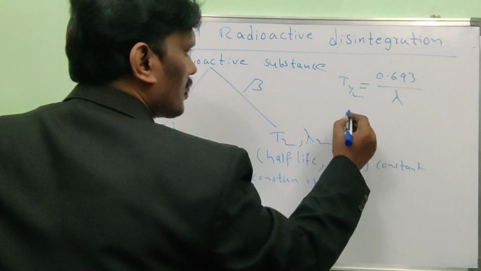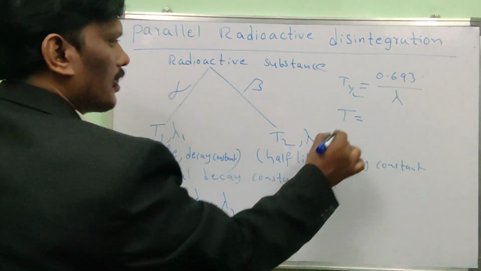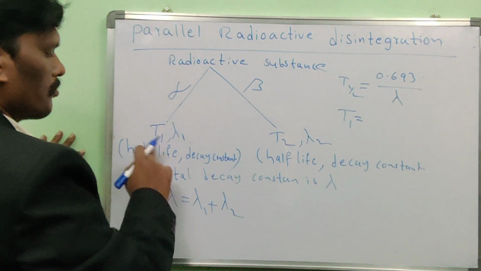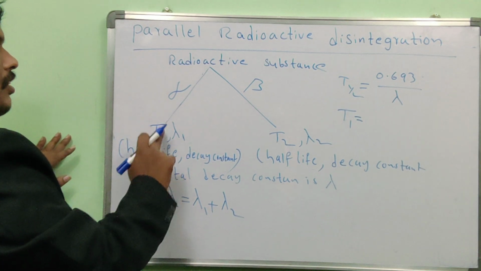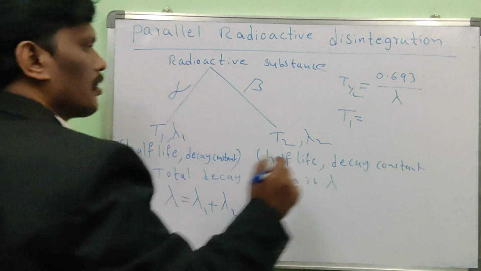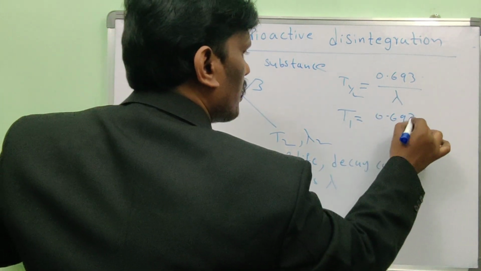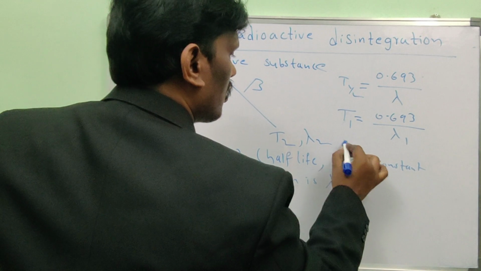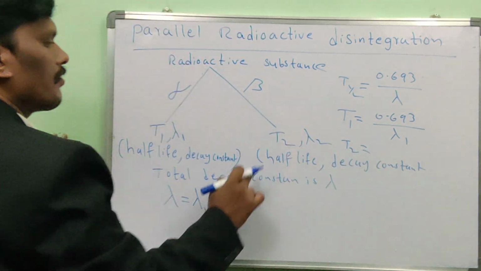Then how will the formula change? T1 is equal to the half-life of alpha emission. So T1 is the half-life for alpha emission, that's why T1 is 0.693 by lambda 1. Then what is T2? The half-life for beta emission.